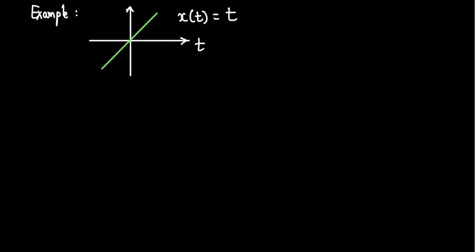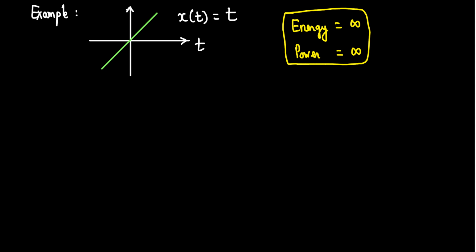If we try to calculate energy and power for this signal, the energy turns out to be infinite and also the power turns out to be infinite. So if both energy and power turn out to be infinite, then this signal is neither an energy signal nor a power signal.